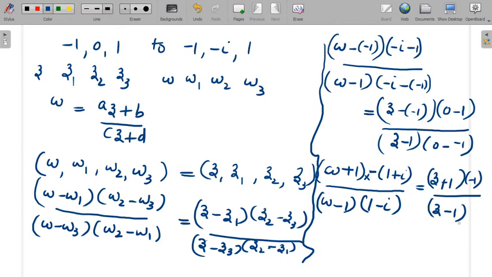Now let us first simplify this expression and then cross multiply and write W in this form.